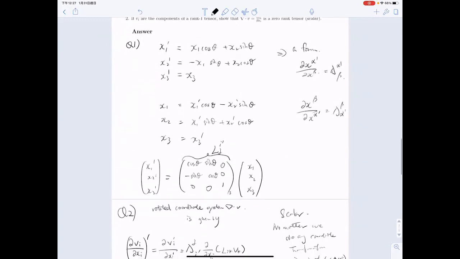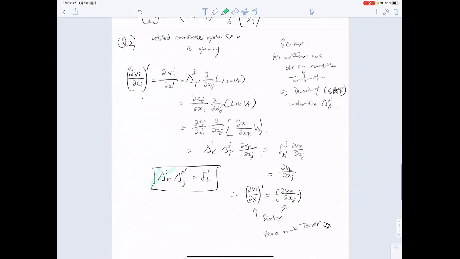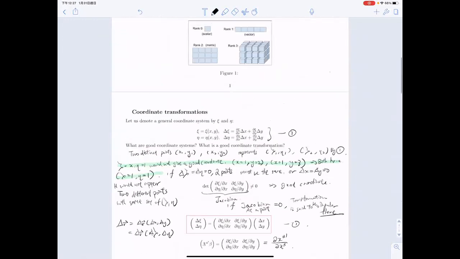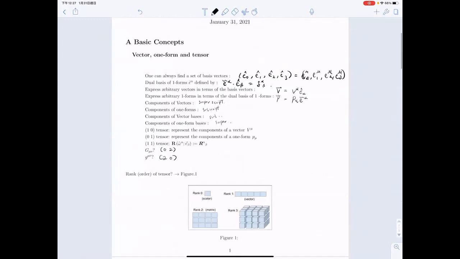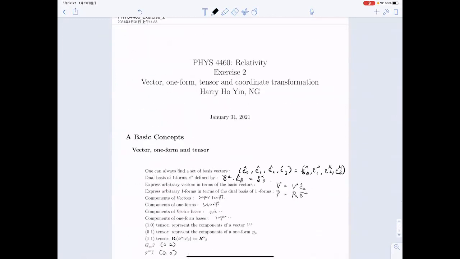And sometimes, for example in Q2, you have to use this delta ij property of the transformation matrix to deal with some tricky mathematics to show that a scalar is invariant under coordinate transformation. You have to get used to it. So that's all of my exercise task. Thank you very much.